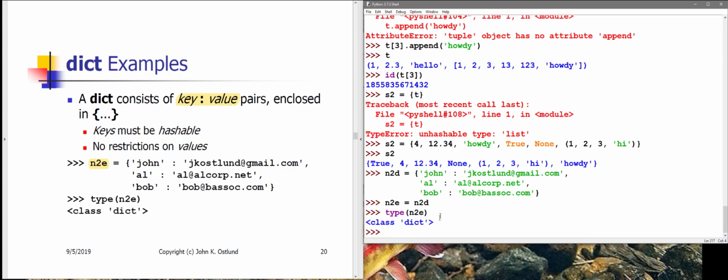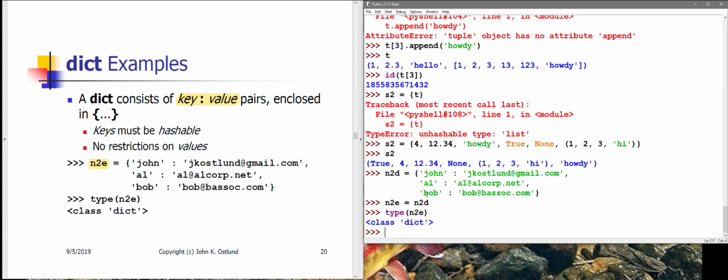This dictionary object contains 3 items. The first item consists of the key John associated with the value jkostland@gmail.com. The second item is the key Al associated with Al's email address, al@alcorp.net.